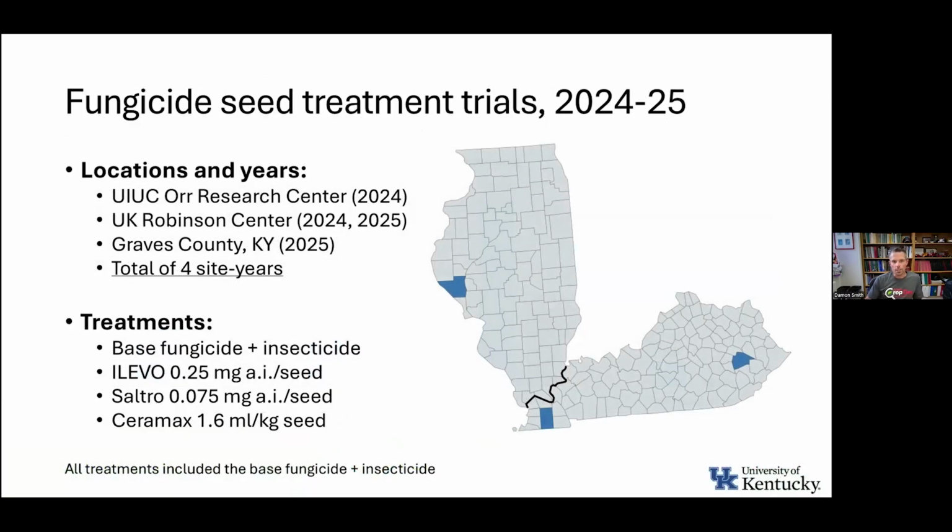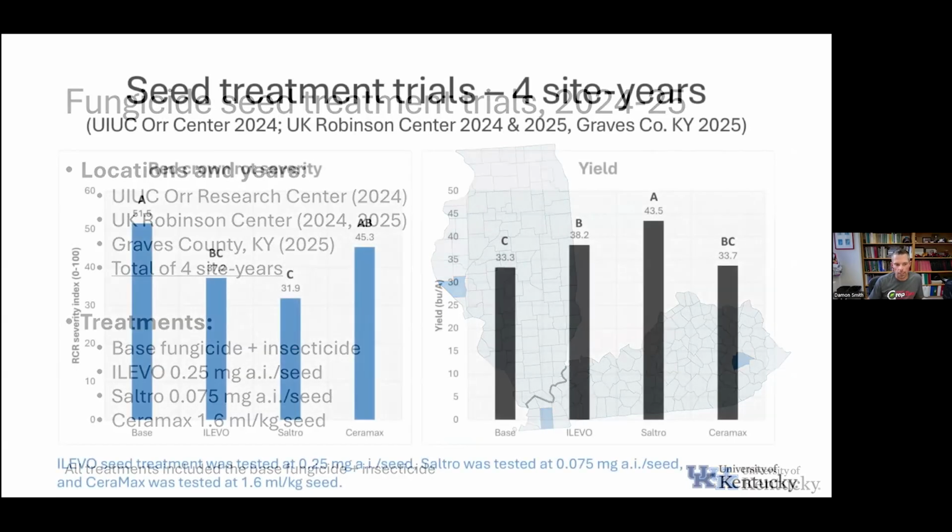In terms of fungicide seed treatments, Carl Bradley's been working on this a bit. I know Darcy started to generate some data, really focused on Olivo and Saltro early on, and now there's some newer data on Victrato, looking at its protection against red crown rot.